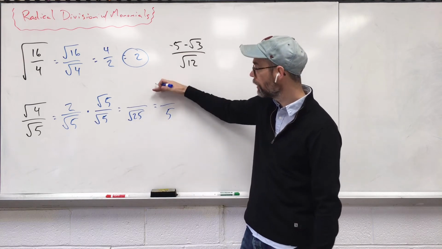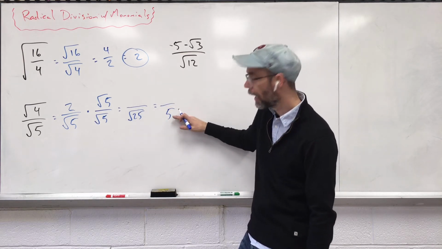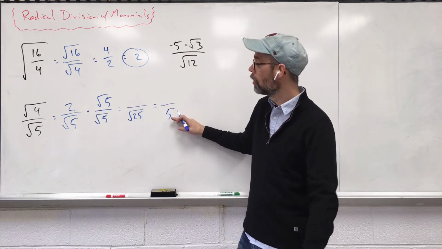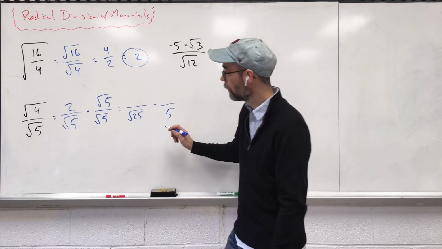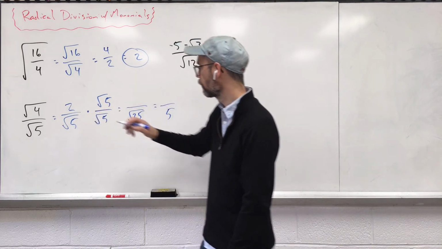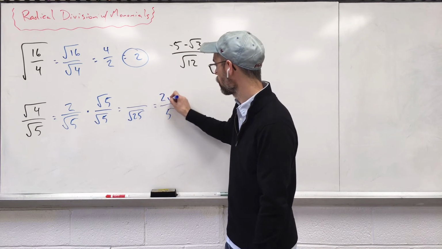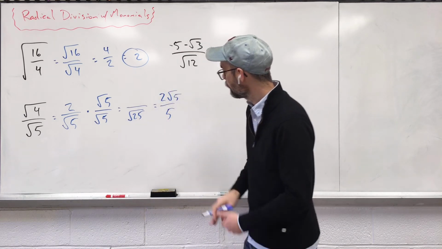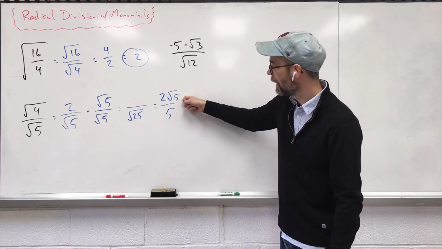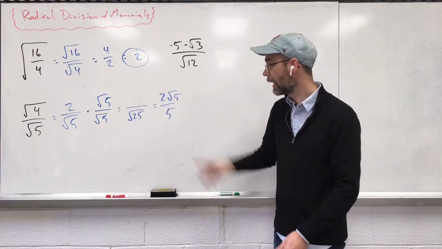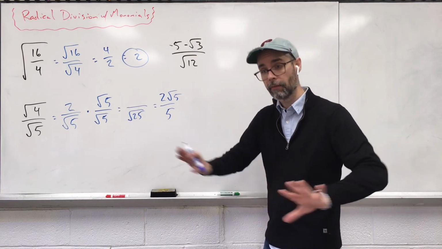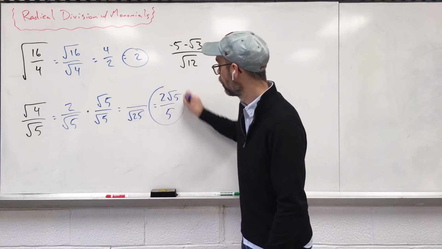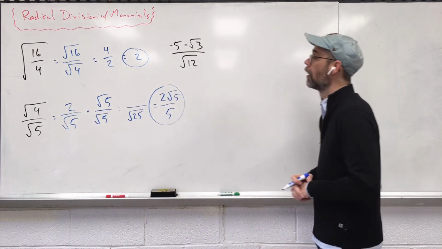I don't care how ugly up top looks, the bottom cannot have the radical. So let's finish out up top. What are we left with? We've got 2 times radical 5. Can't do anything with them. I'm just going to bring them right to the end. And this 5's inside a house. This 5's outside a house. I can't cancel them. They're two different kinds of 5's. We call it a day and we move on.